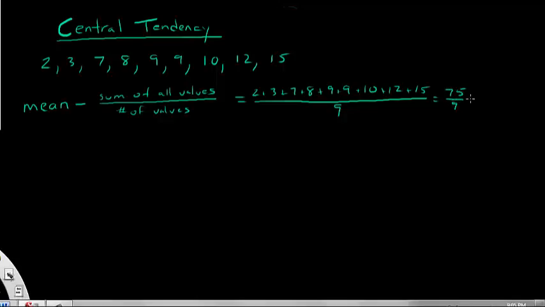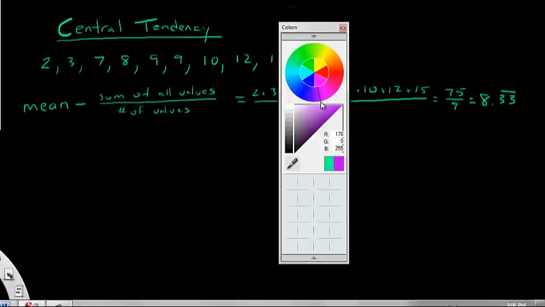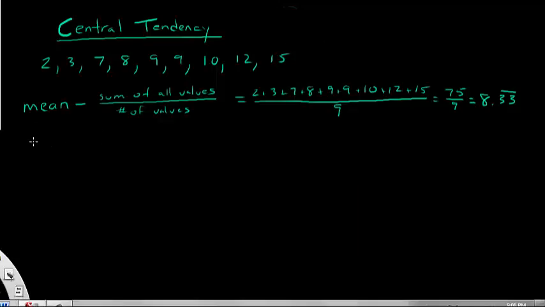So the mean here is going to be 8.33. That's the mean. So that's one way of saying that the typical number in here is 8.33. But you might be noticing already that there's no 8.33 anywhere in there at all. So is it really that typical?